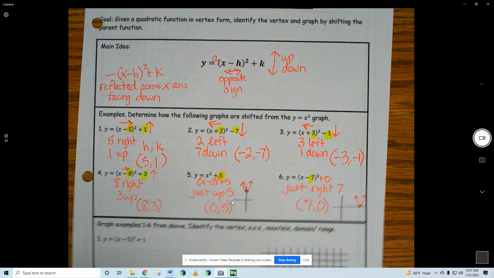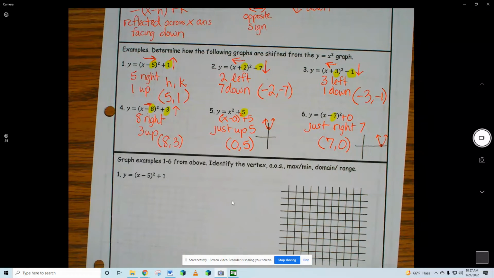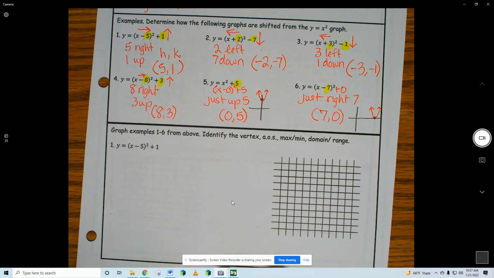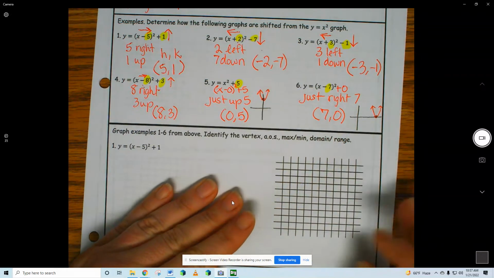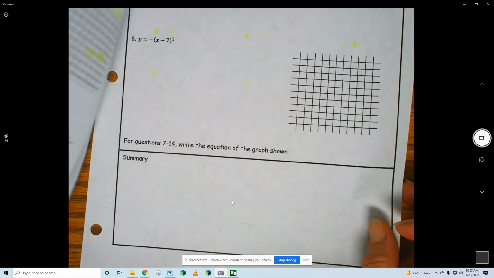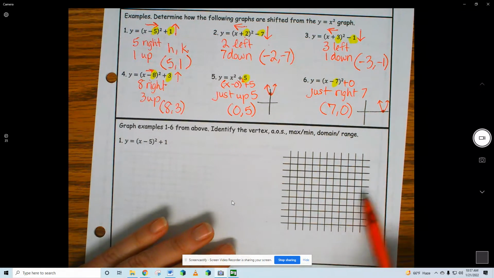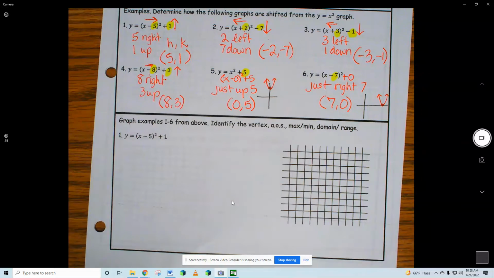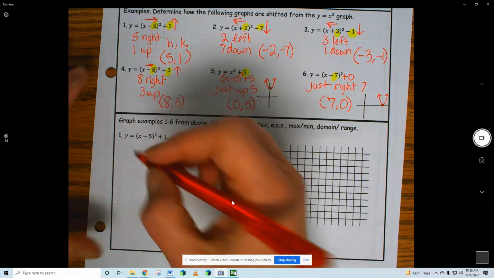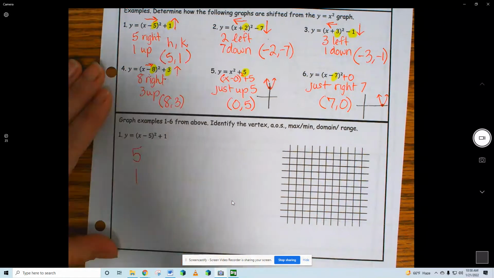Now what we're going to do is we're going to graph these. We already know the vertex, so that's going to be super great. And by the way, there is no axes drawn. It's our job to draw the axes. So first of all, it's going to be 5 to the what and 1 what?